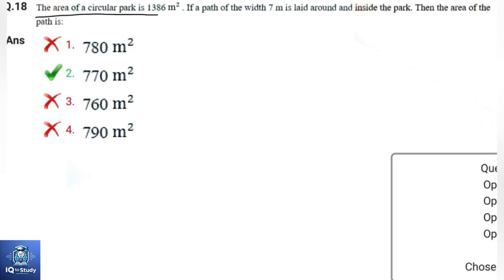The area of circular park is 1386 square meters. If a path of width 7 meters is laid around and inside the park, then the area of path is.